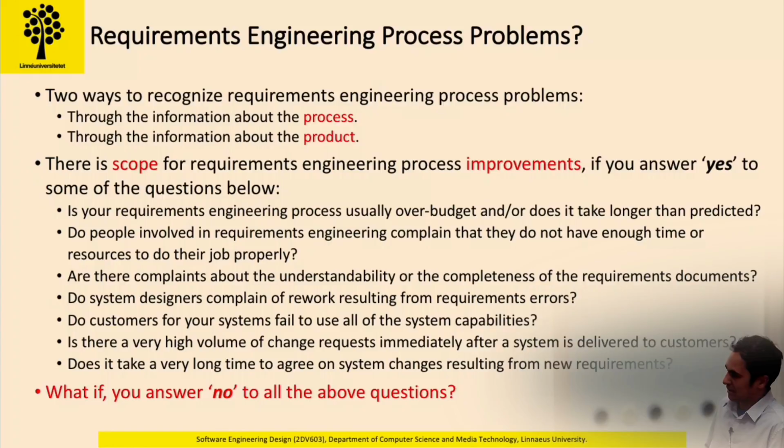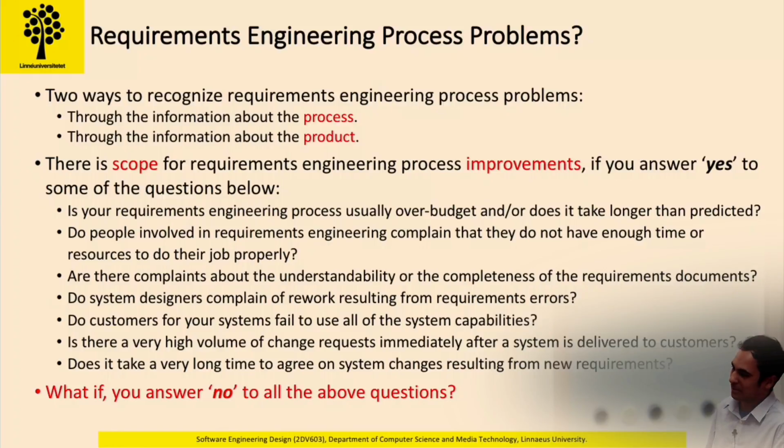But the question is, what if you answer no to all of those questions? Do you have an idea? Because we said if yes to any of the questions, that means you have a problem either in the process or in the product. But what if you answer no to all of the questions?